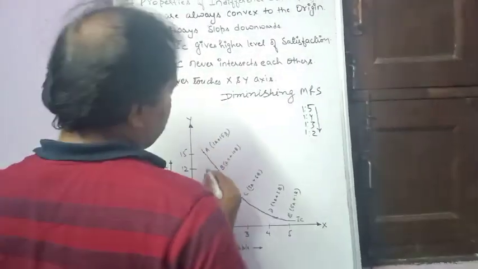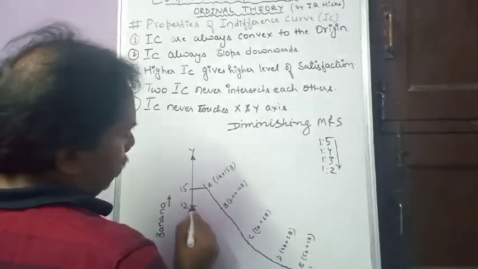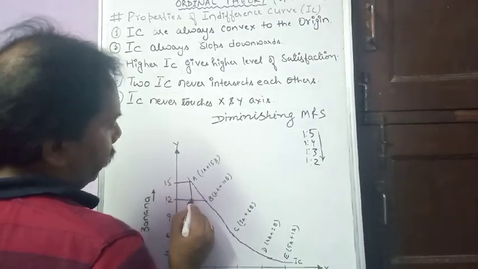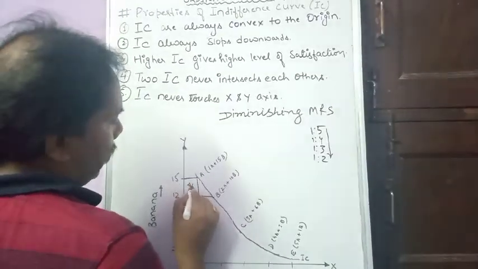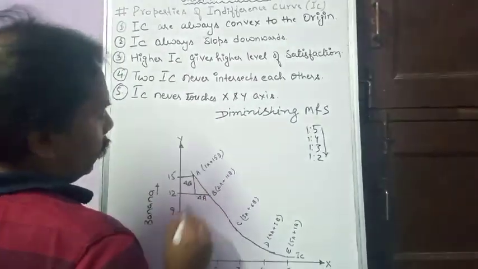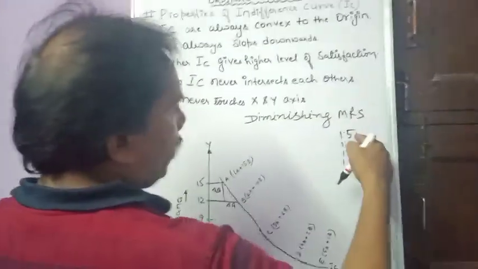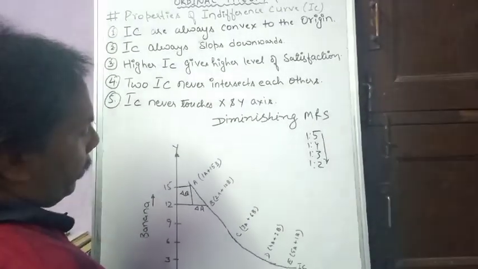So here you can say, if we join here, what do we find? We find the change in banana and change in apple. So 5 bananas are sacrificed only to gain 1 more unit of apple.